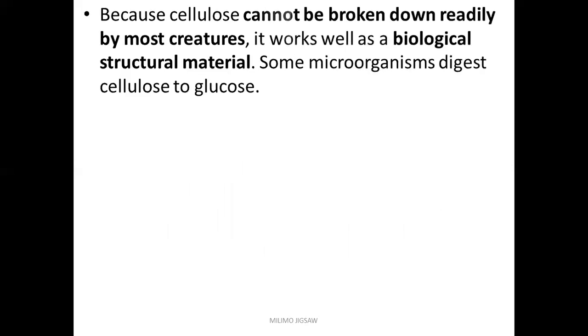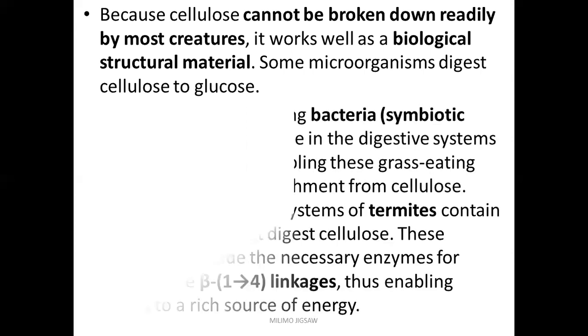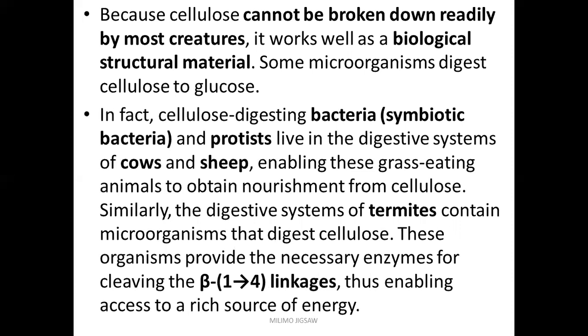So now what does that mean? Because cellulose cannot be easily broken down by most creatures, it works well as a biological structural molecule. However, we have some microorganisms that are able to digest cellulose to give glucose.